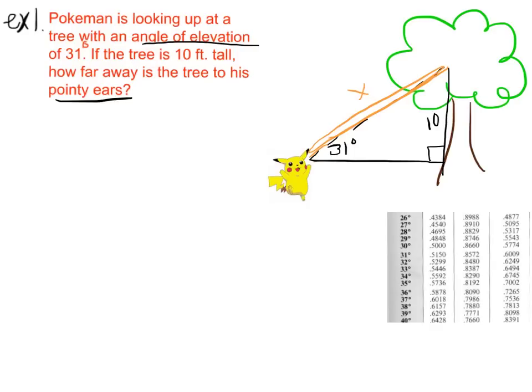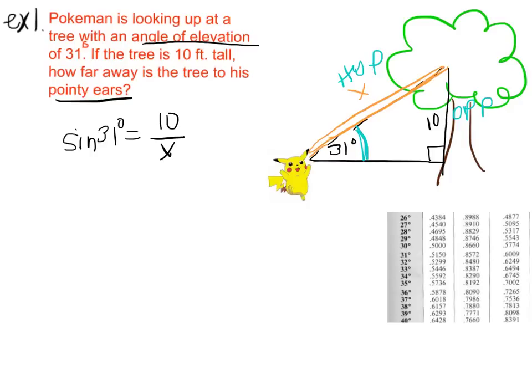So from there, what we're going to do is look at our angle and ask ourselves which of the trig functions we'll be using. Now with this angle, this side would be opposite, and this side over here is the hypotenuse. Opposite and hypotenuse, that means we're dealing with sine. So the sine of 31 degrees is equal to the opposite length, 10, over the hypotenuse, which is x.